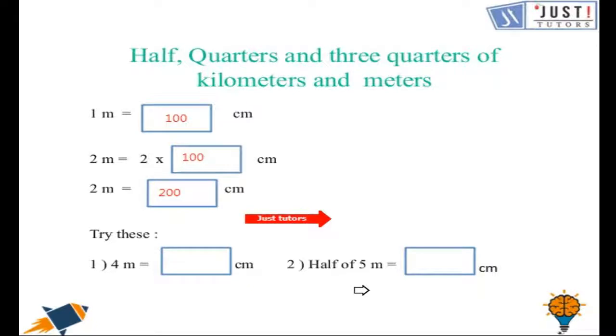You can pause the video to try them out, and once you are done with the answers, you can resume it to check your answers. For question number 1, the answer will be 400 centimeters, and question number 2, that is half of 5 meters. So 5 meters will be 500 centimeters, and half of it will be 250 centimeters. So pat yourself on the back for good efforts and congratulations if you've got it correct.